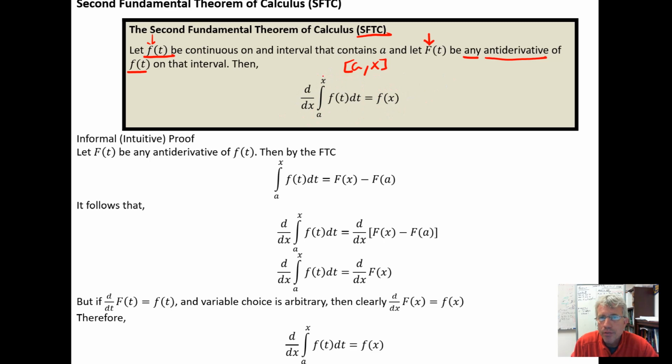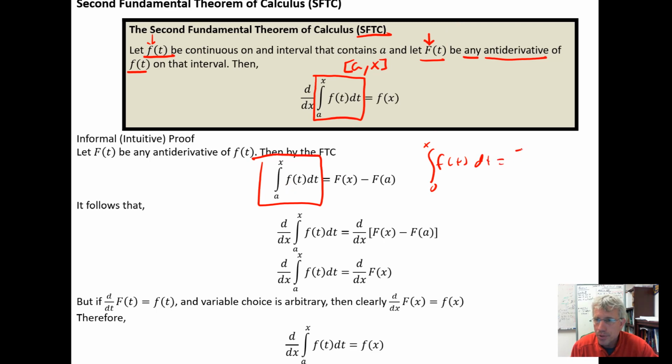It should be clear that if we take this antiderivative, we do get a function of x, because when we integrate, what would we get here? If big F of t is an antiderivative, the integral from a to x of f of t dt equals the antiderivative at t evaluated from the lower bound of integration to the upper bound.